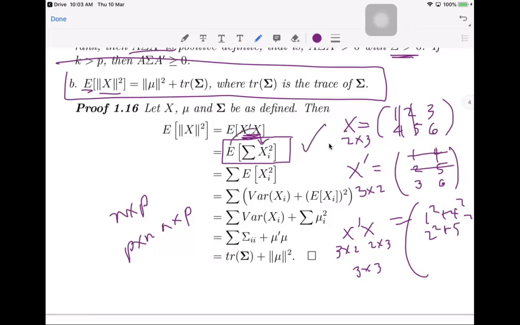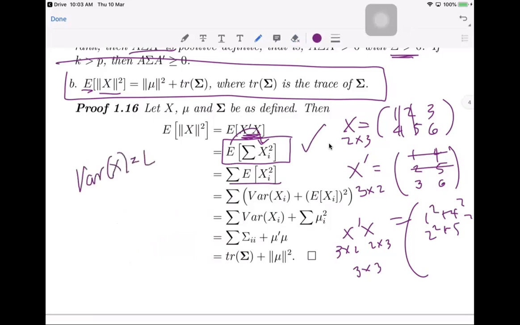And then, by linearity of expectations, you have that. If you recall in the univariate case, the variance of x can be computationally derived as the expectation of x squared minus the quantity expectation of x squared.